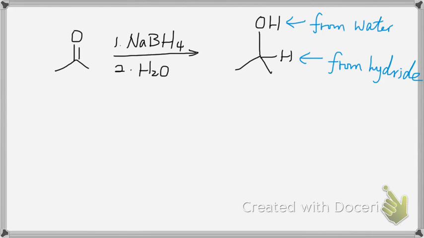Anyway, in the reduction, we have added 2 hydrogen atoms across the C=O double bond. These 2 hydrogens have different sources. The hydrogen that goes to the carbon is from the hydride reducing agent, while the hydrogen attached to the oxygen is from water.